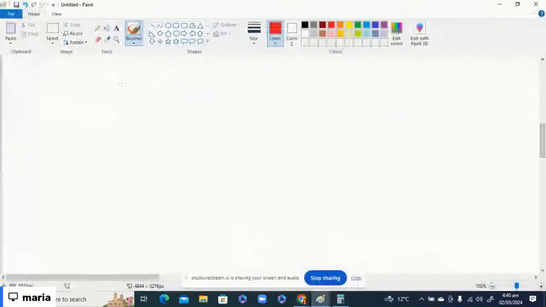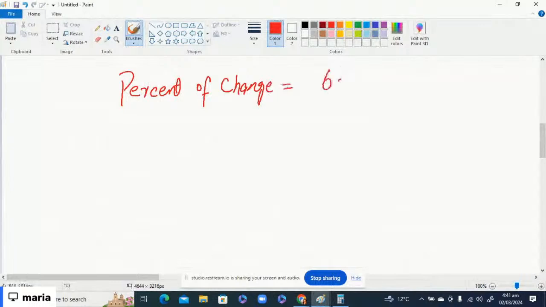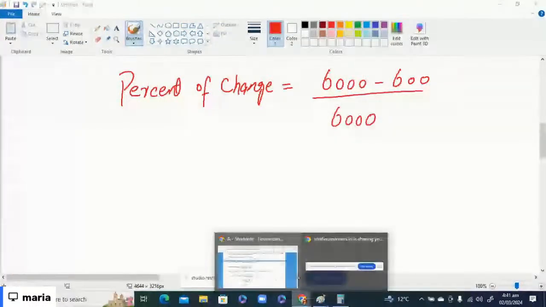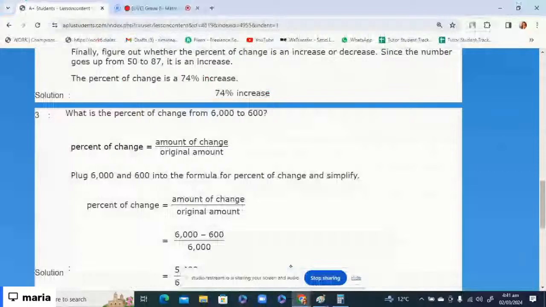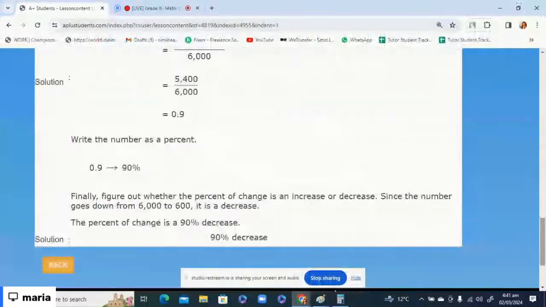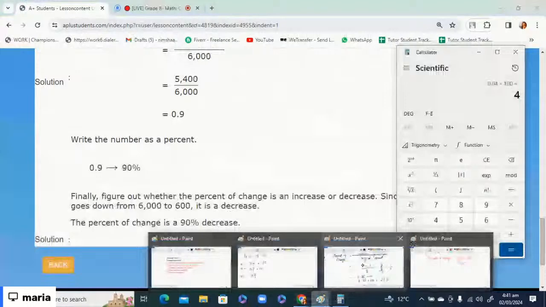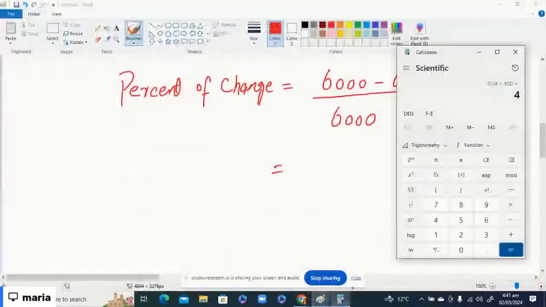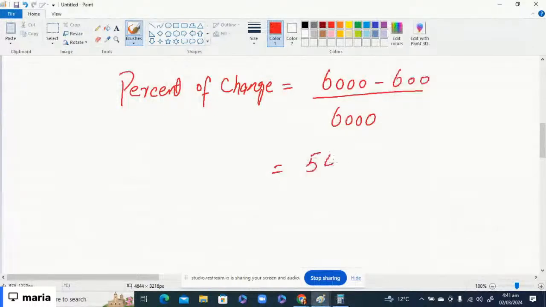Now percent of change is 6000 minus 600 divided over 6000. Okay, this is basically the thing. Now let's find it out. So 6000 minus 600, 5400 over 6000.